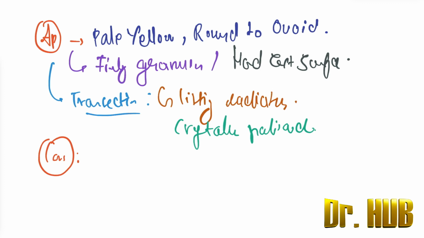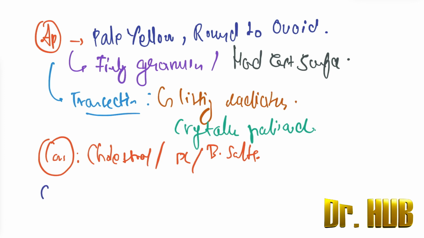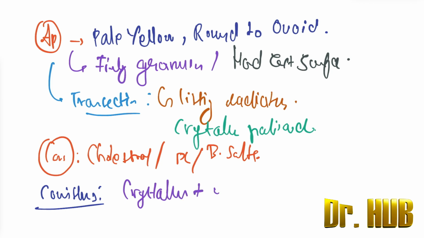It contains cholesterol, from the name, and there are phospholipids, as well as bile salts. So how is the consistency of the cholesterol stones? Consistency is crystalline with a nucleus.